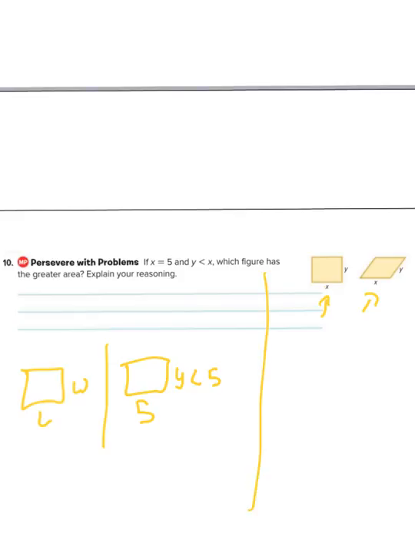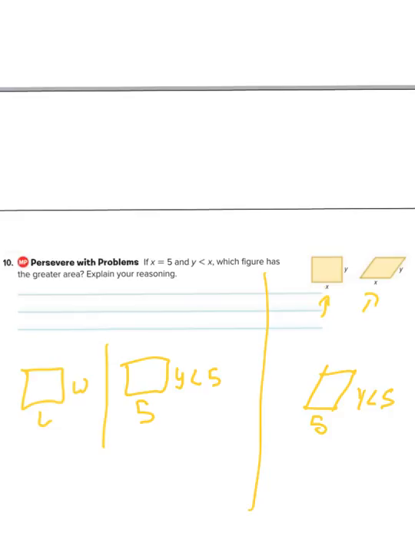Same thing with the parallelogram. This is 5, and y has to be less than 5. Take a second to think, which one would have a larger area?